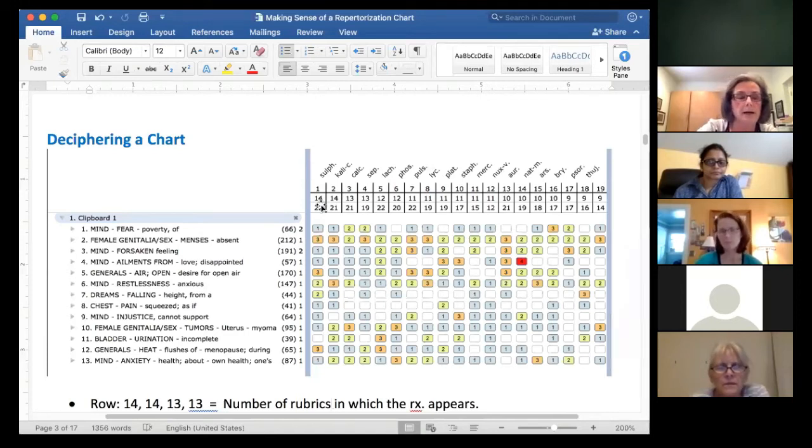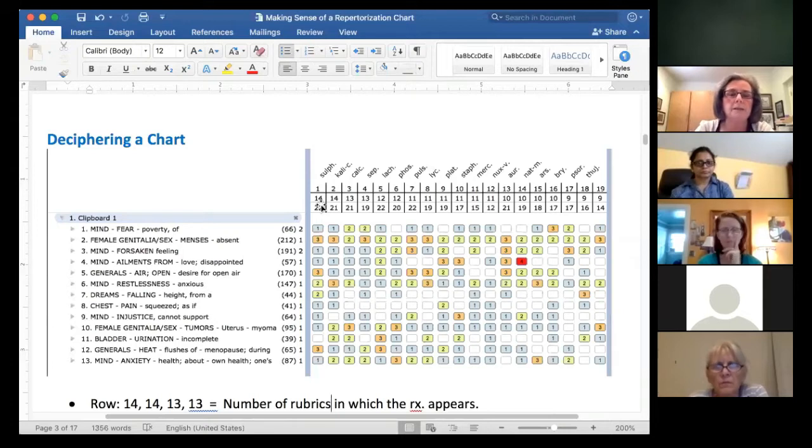So now we have 13 rubrics here, and we have the number 14 up there, which is a bit of a mystery, and we're going to talk about that in a minute. And then we have 1 rubric that Sulphur doesn't appear in. So actually that number, if we were just straight counting, should be 12. So why is it 14?